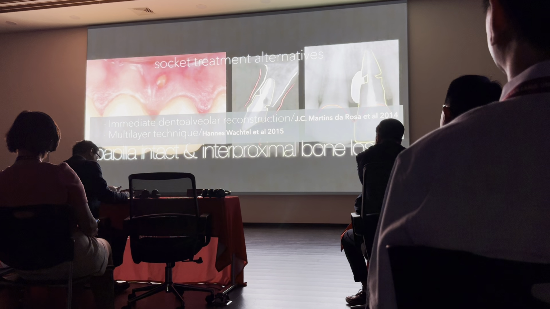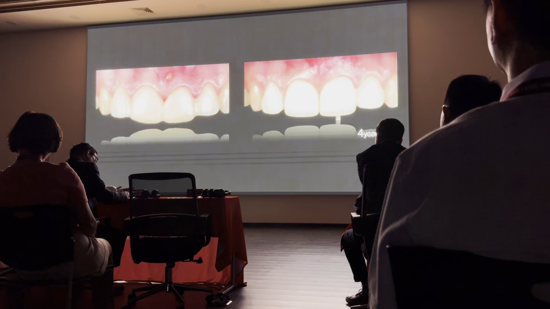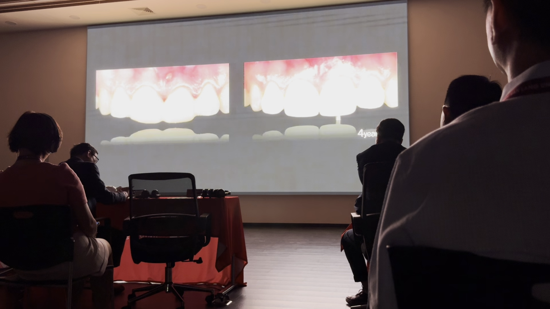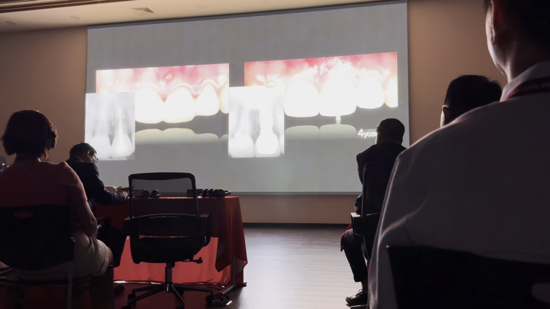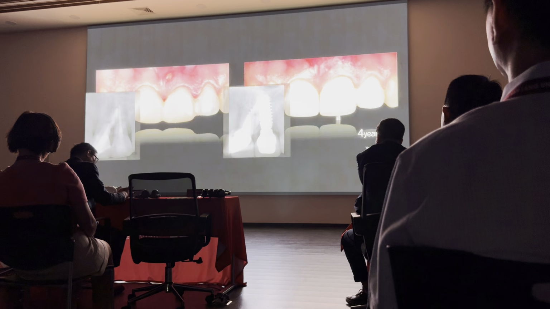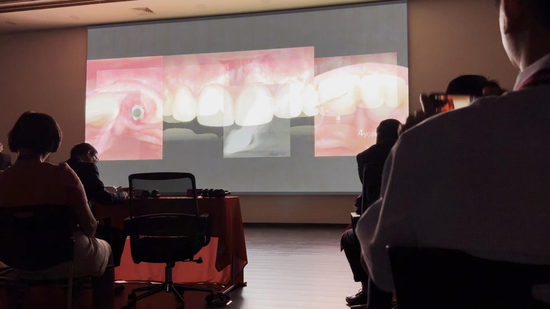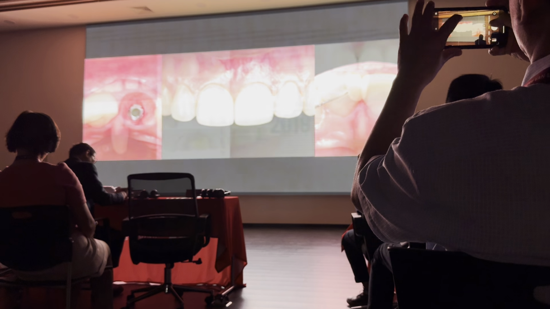So in the case that I did with the Da Rosa technique, it looks this way. I placed it here, next to an implant, 4 years down the road, with autogenous bone of the patient.